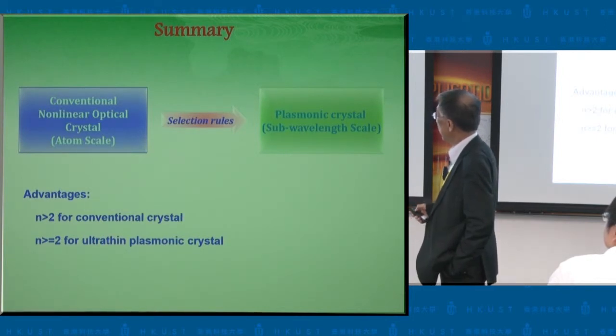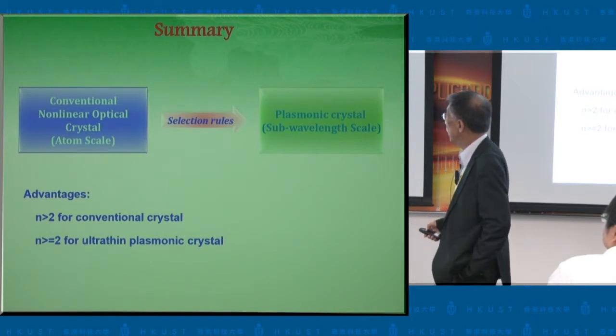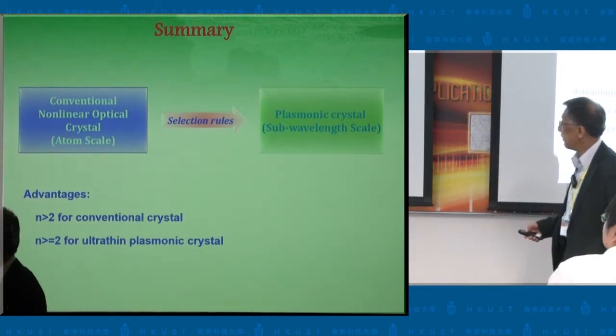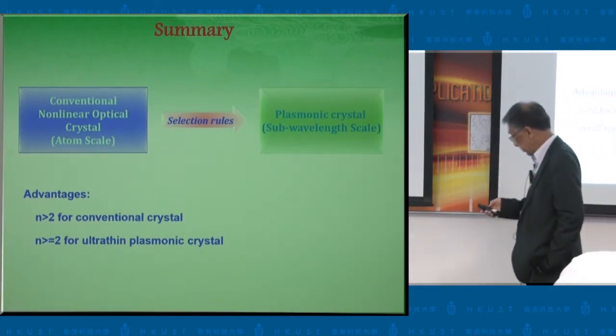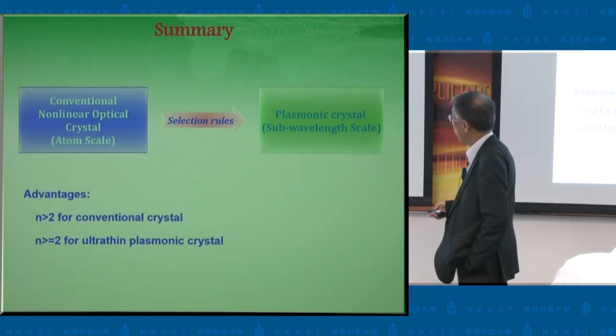A slight advantage is that the n here must be greater than 2 for the conventional, whereas n here can be equal to 2. So you have a slightly relaxed symmetry rule.